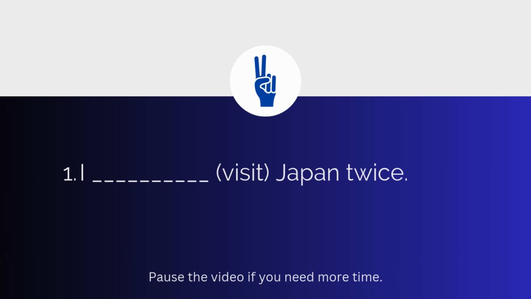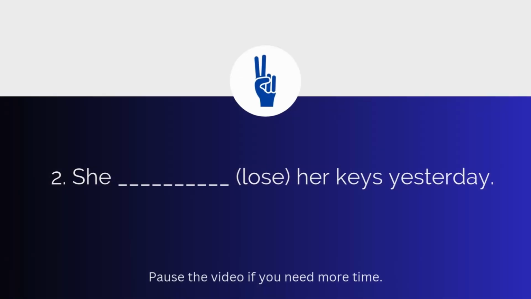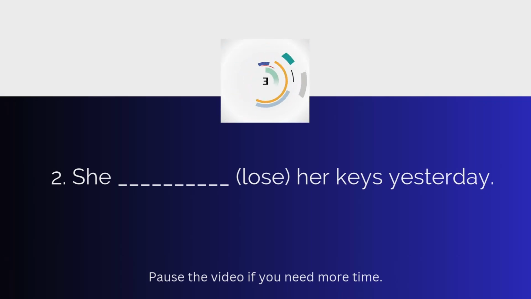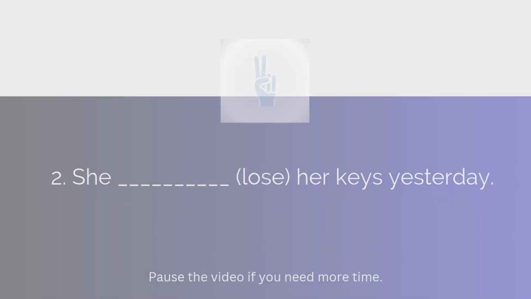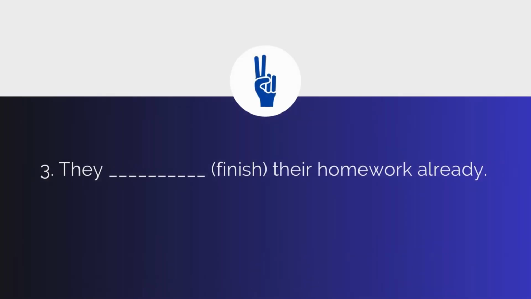1. I visit Japan twice. The answer is I had visited Japan twice. 2. She lose her keys yesterday. The answer is she lost her keys yesterday. 3.